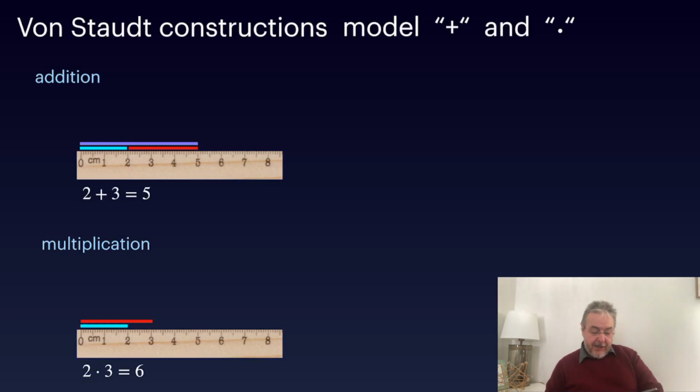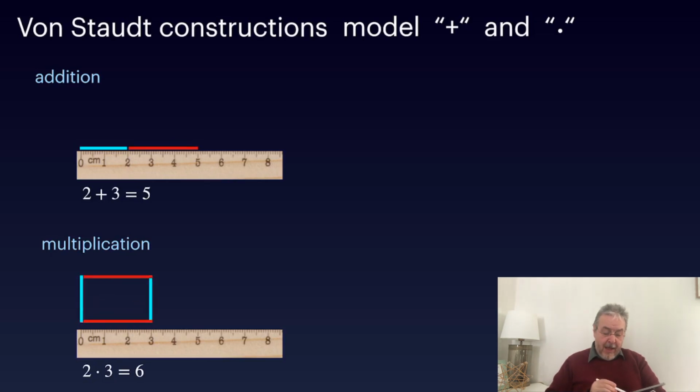How about multiplication? I give you two lengths again, say 2 and 3, and I ask you to construct a stick of length 2 times 3 just from the measures that I gave you here. Your first idea might be to say, well, my first analogy that comes to my mind for multiplication is to form a rectangle, and this rectangle has area 6, so I essentially solved the problem.